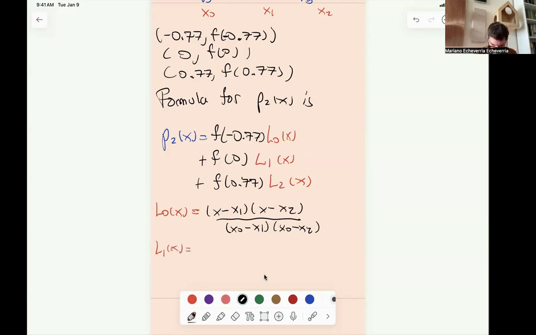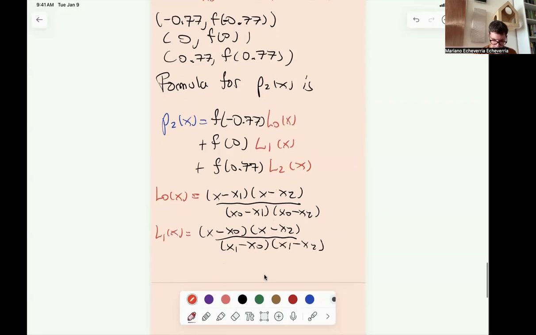So the other one was x minus x0 times x minus x2, over x1 minus x0 times x1 minus x2. And then the last one would be x minus x0 times x minus x1, over x2 minus x0 times x2 minus x1.